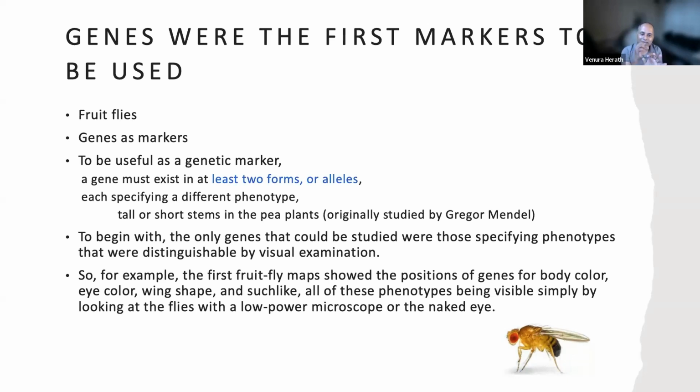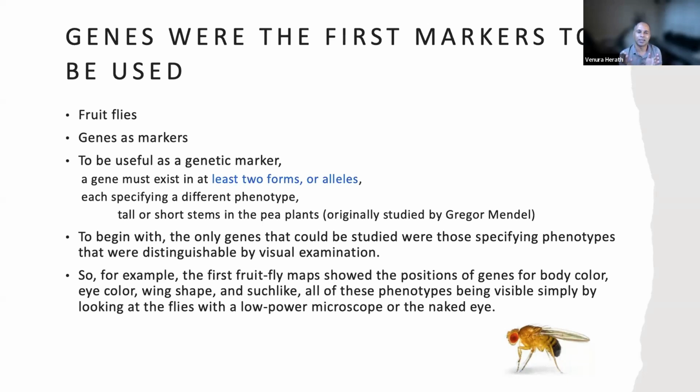And these you can easily identify using a low power microscope. So you think, okay, this is cool. You see a fruit fly with, let's say, red color. It's a hypothetical example. You can link it to a specific allele, and if you don't have that allele, you have, let's say, yellow color. So now you have two distinct phenotypes.